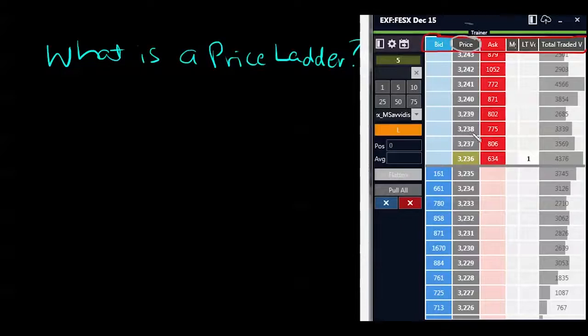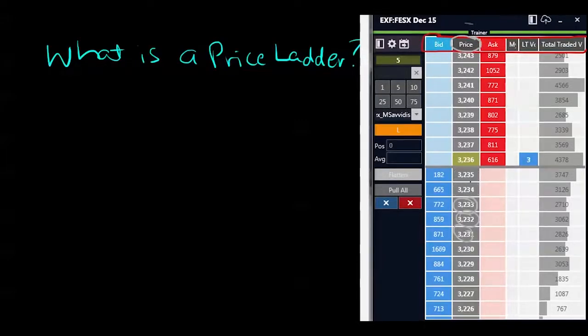So 32.38, 32.39, 32.40, 32.41, and so on, and to the downside 32.35, 34, 33, 32, 31. And that moves up and down the screen basically until infinity.